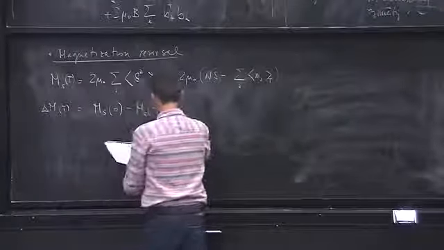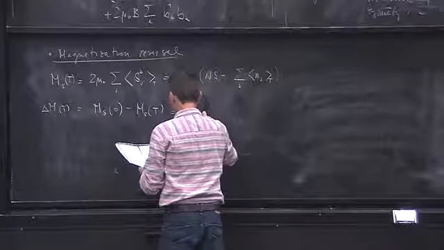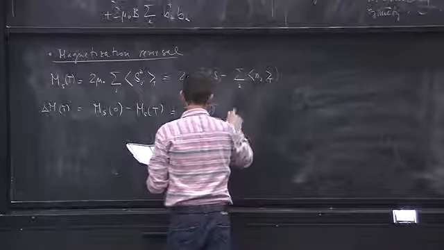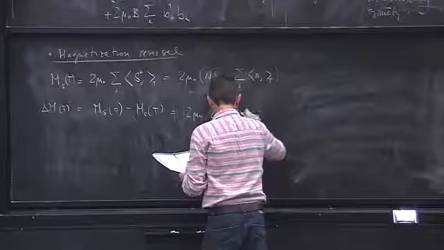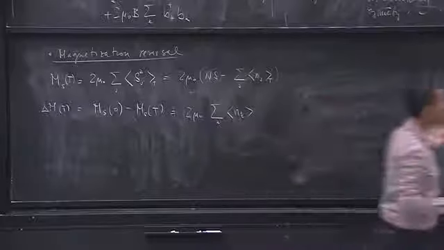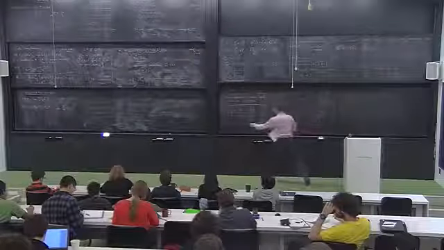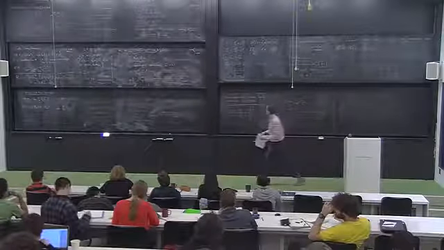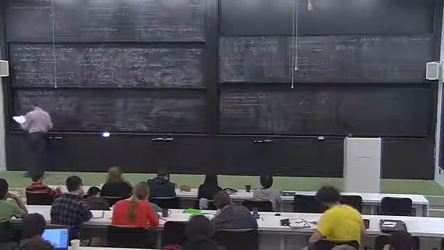And this is nothing but this part here, right? So this is just 2 mu naught, and I can now write it in momentum space, sum over k of n_k. And this is basically the same quantity as the energy, except I don't have this multiplied by h bar omega_k, right? We can calculate it by similar means.